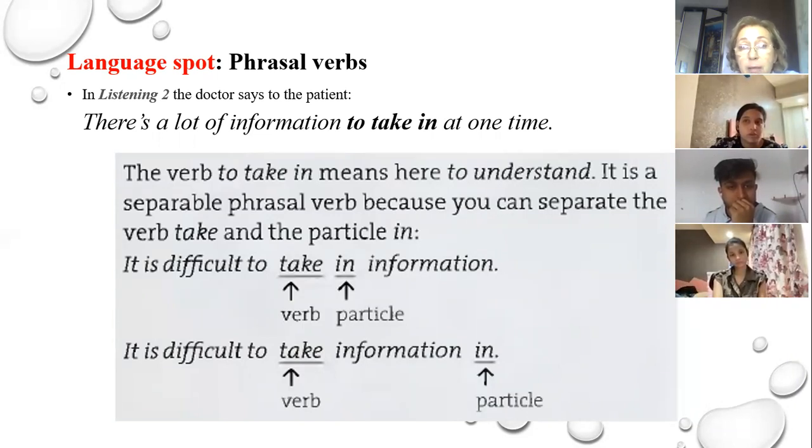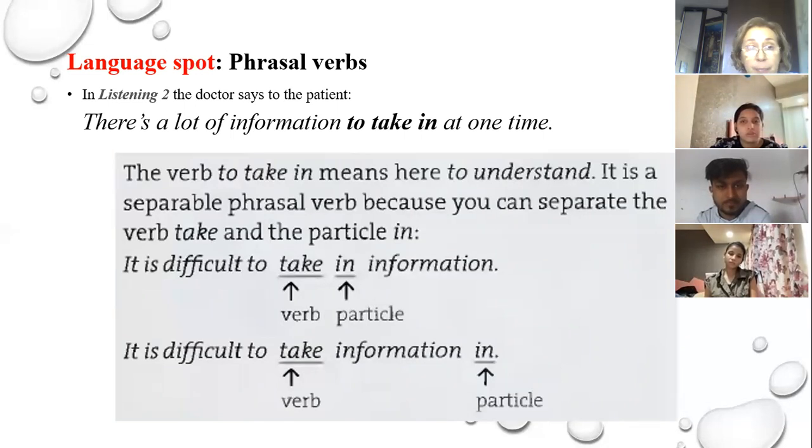This verb means to understand, and it is a so-called separable phrasal verb because you can separate the verb take and the particle in. It is difficult to take in information, with verb plus particle used together. And it is difficult to take information in, where the verb and the particle are separated by the noun information, and it is also correct.